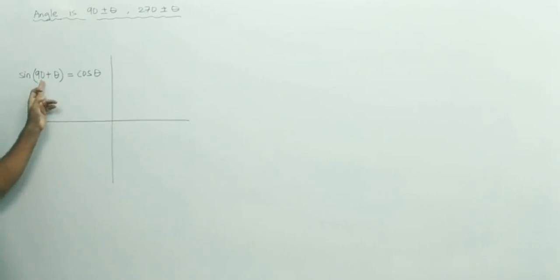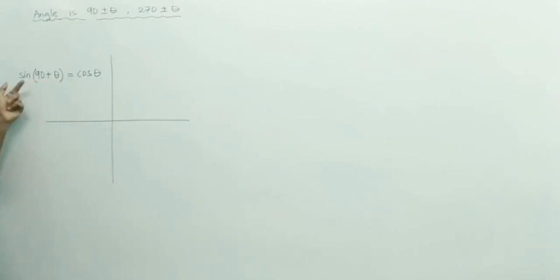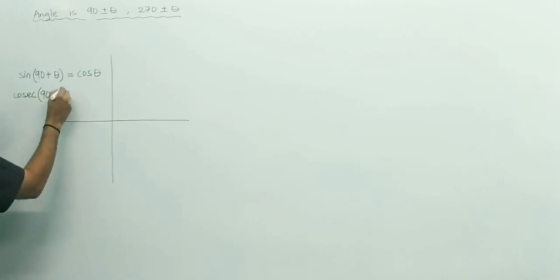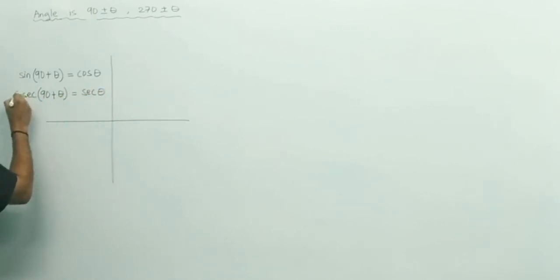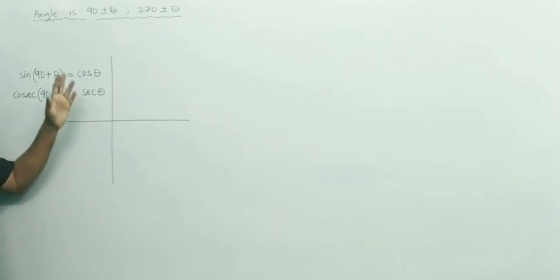So sine 90 plus theta is equal to cos theta. Similarly, its reciprocal, cosec 90 plus theta will be equal to secant theta, while all other functions will be negative.